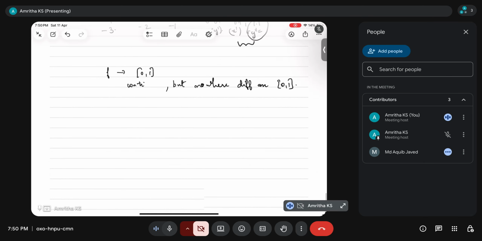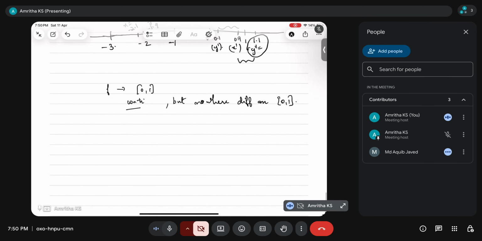Now what about this? F is continuous everywhere but nowhere differentiable. I know there exists some such function, but I don't know the function. What if I add monotone?